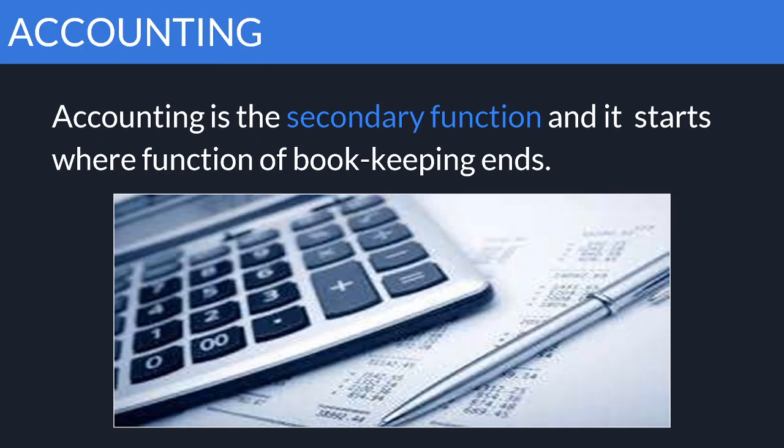Therefore, accounting is a systematic process of identifying, measuring, recording, classifying, summarizing, interpreting, and communicating the financial information to the users. It gives information on the resources available, how the available resources have been employed in the business, and the results achieved by their use.